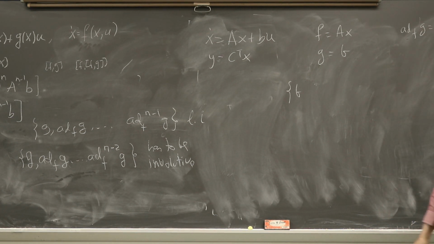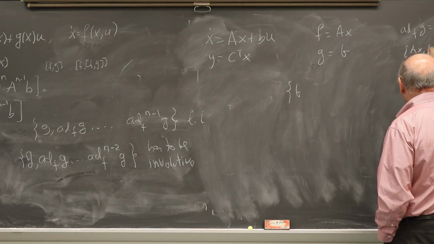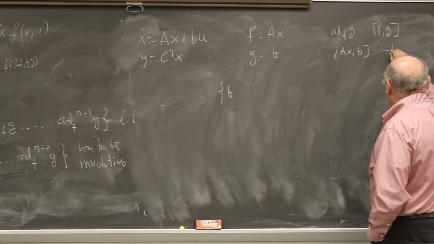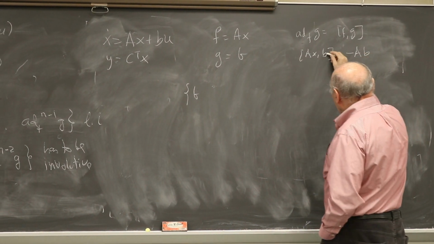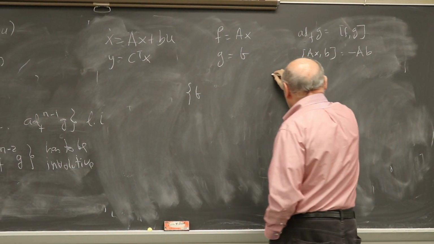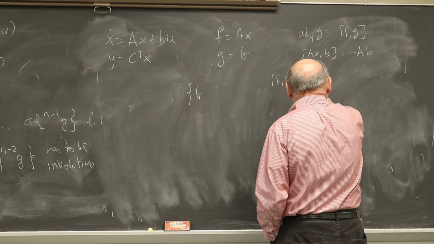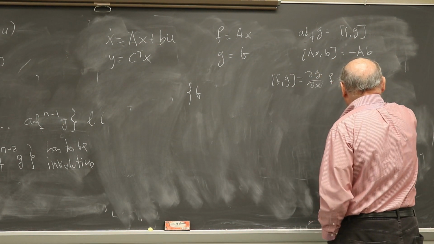That's the definition of ad_F G. So the Lie bracket of F and G is the Lie bracket of Ax and the constant vector B. Trivially, this is just minus AB. Remember the formula for the Lie bracket: partial of G with respect to x transpose, that's a matrix, times F, minus this matrix times G.